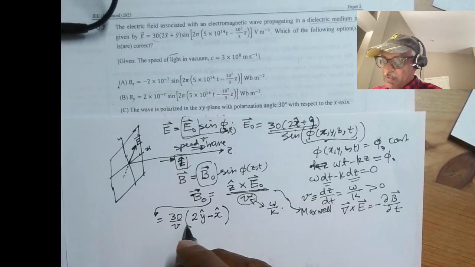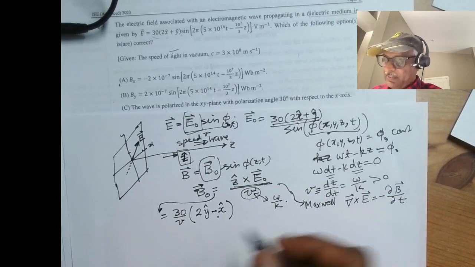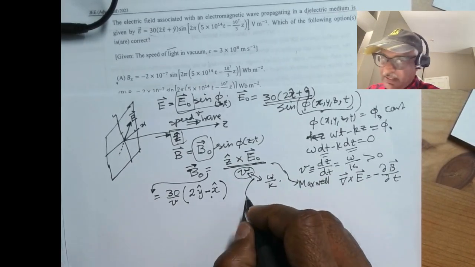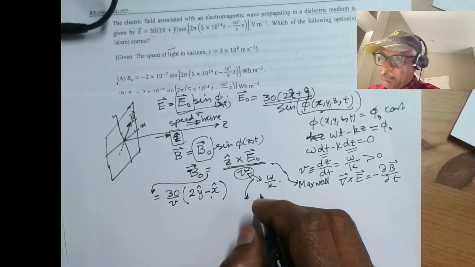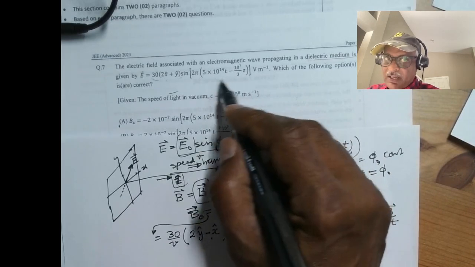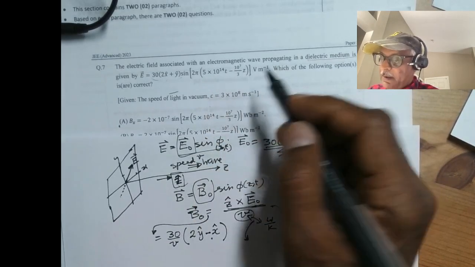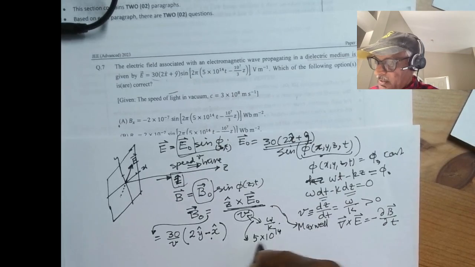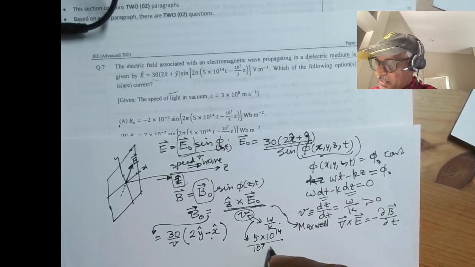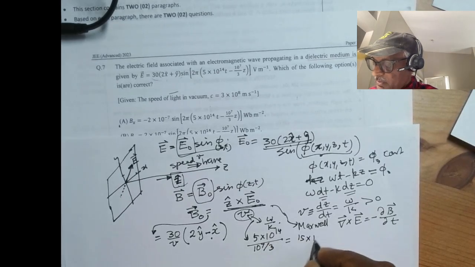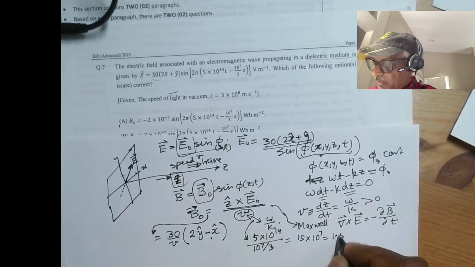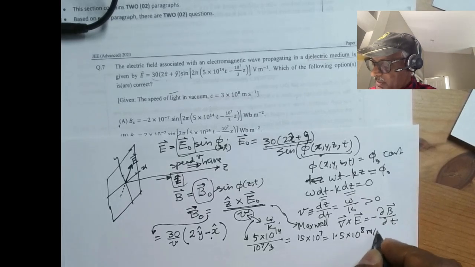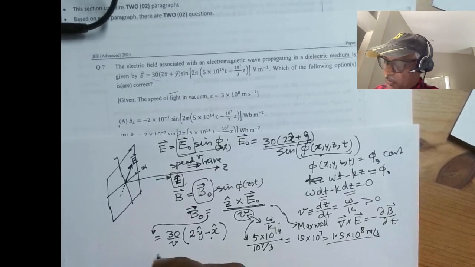So this is B0x and this is B0y, but I need V. So let's call it V. V, from the given information, I would be able to take this over this: 5 times 10 to the power 14 over 10 to the power 7 over 3. So this becomes 15 times 10 to the power 7, which is 1.5 times 10 to the power 8 meter per second. So this is like the speed of light over 2.